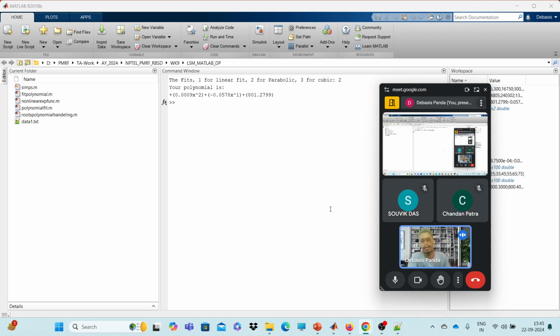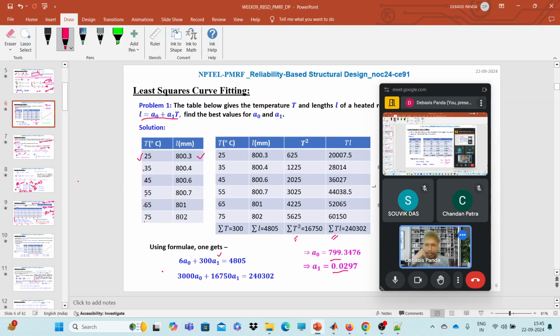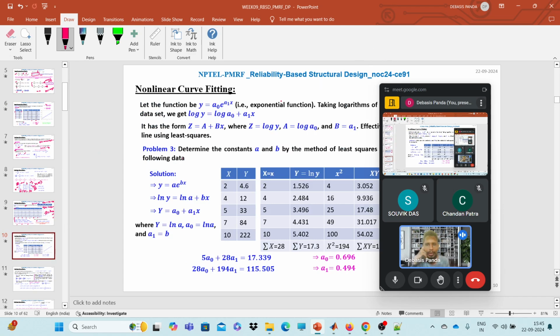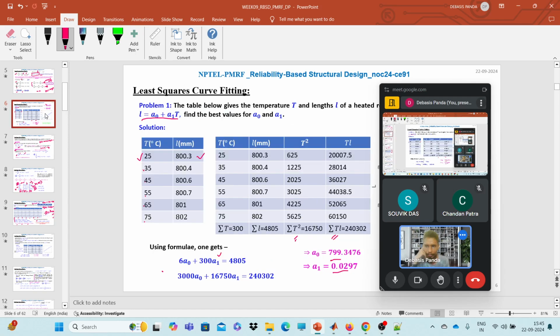Now a quick recap of what we actually did, the least square approximation. In least square approximation, we first have a data set to which we wish to fit some model or polynomial. The theory behind it is very simple. First, find the error between the observed data and the model you wish to fit.